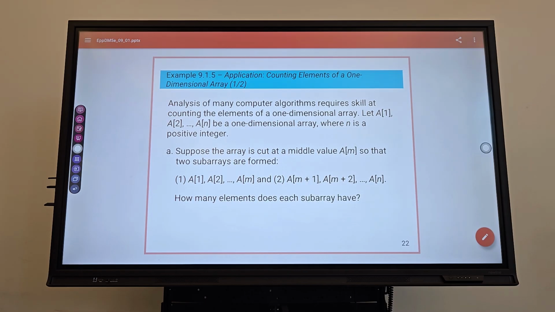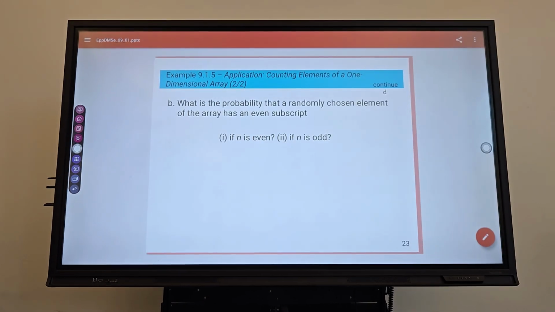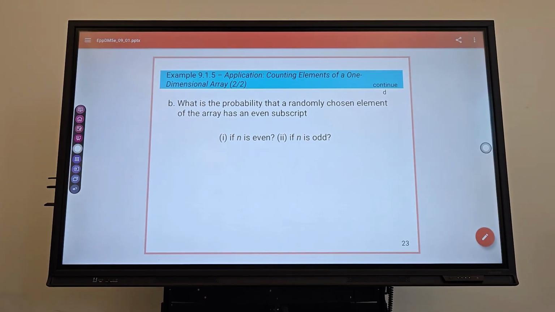Suppose the array is cut at a middle value, m, so that two subarrays are formed, a sub 1 through a sub m and a sub m plus 1 through a sub n. How many elements does each subarray have? And what is the probability that a randomly chosen element of the array has an even subscript?